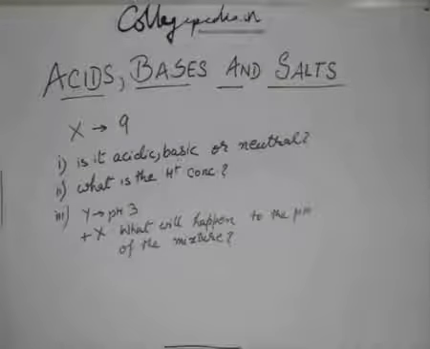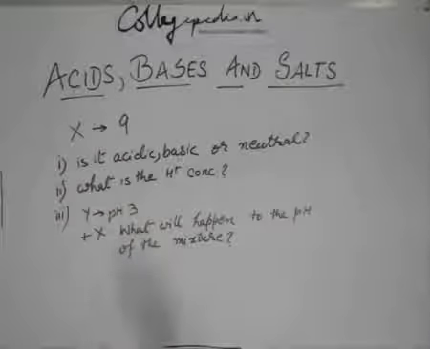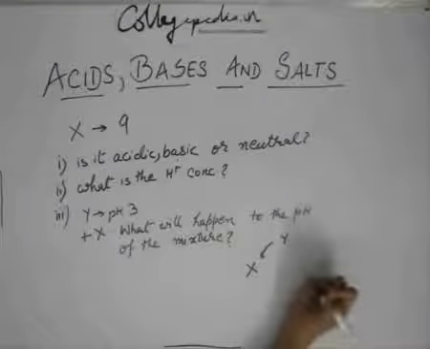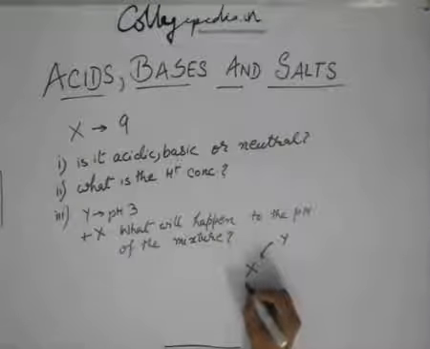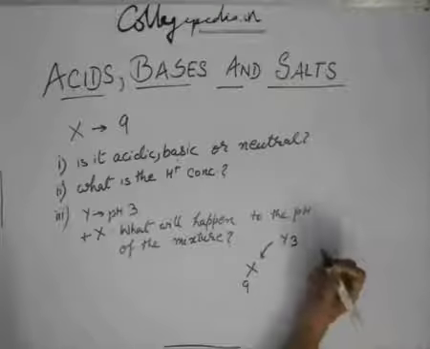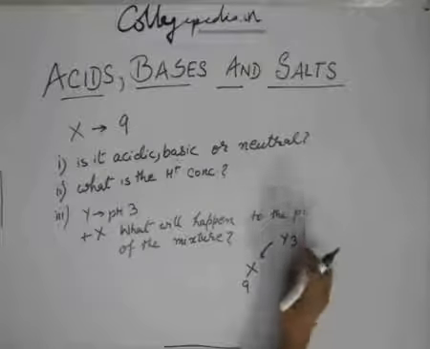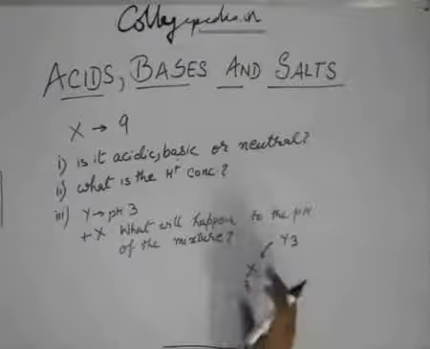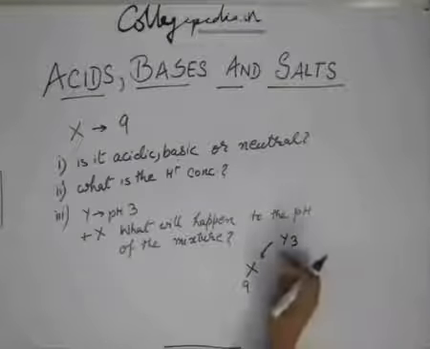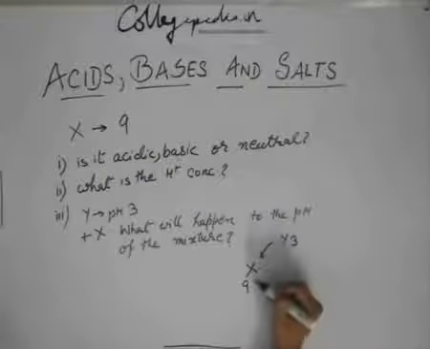So if we see from X's point of view, there is some X and Y is added. X has a pH of 9 and Y has a very low pH of 3. So when Y is added, obviously a low pH substance is added to X, so it will want to lower the pH of X, because pH 3 is an acid and this is a base.